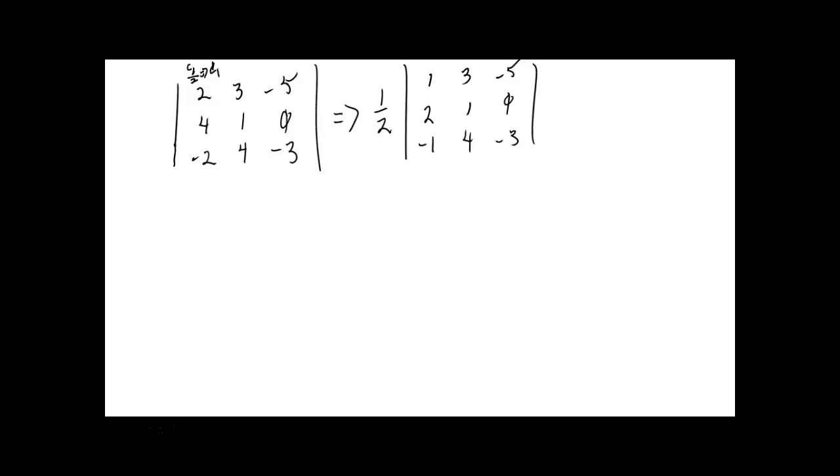So I would just go back to row operations. What would you do first? Unless you can see something better, what would you do first? Pick something.